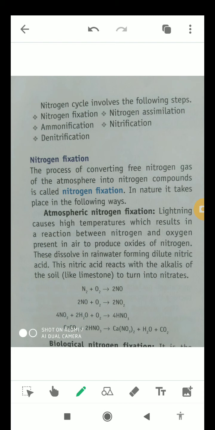And when 4NO2 reacts with two molecules of water and one molecule of oxygen gas, it forms nitric acid, that is HNO3, four molecules of nitric acid. When CaCO3 reacts with nitric acid, it forms calcium nitrate as well as water and carbon dioxide gas.